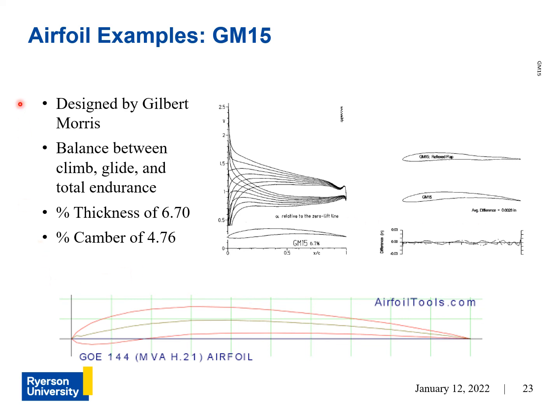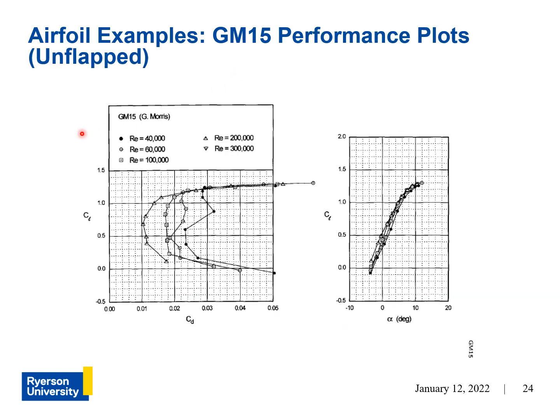So for this particular airfoil, to make the best use out of it, with its reflex capability, you need to think about the material that you're going to use to make this wing and to make full advantage of this airfoil. So this is the performance plot of the GM15 when it's unflapped. So when it has its camber.